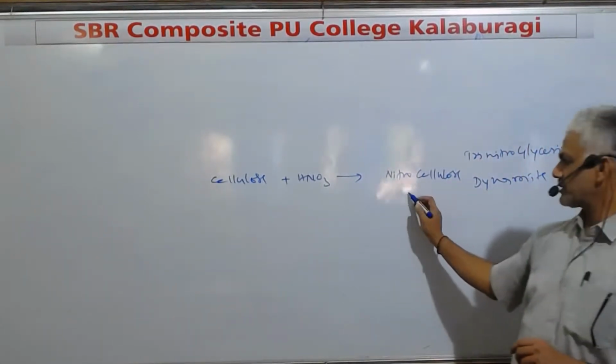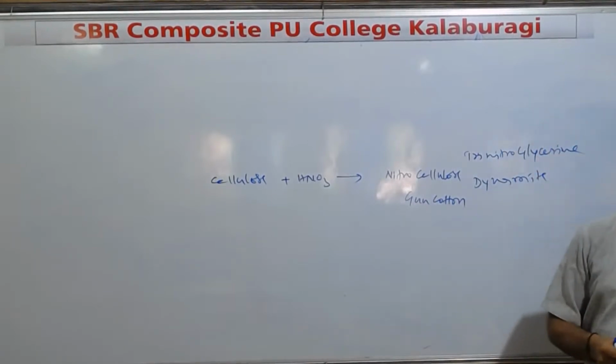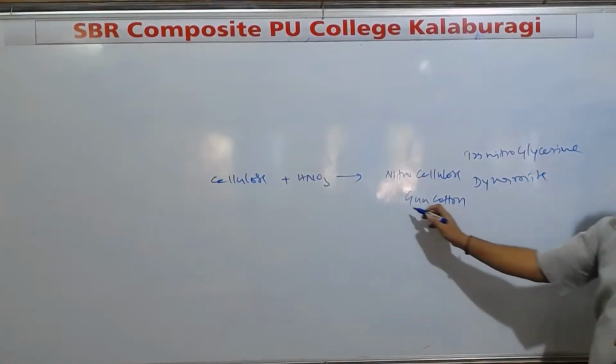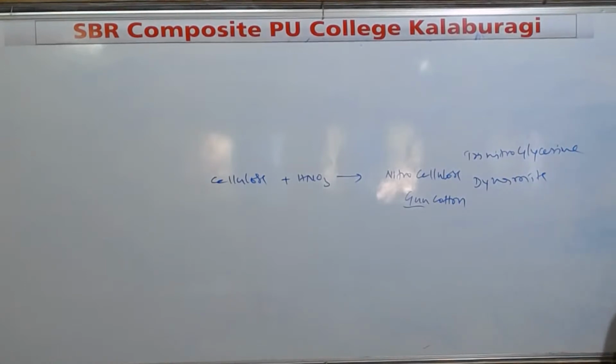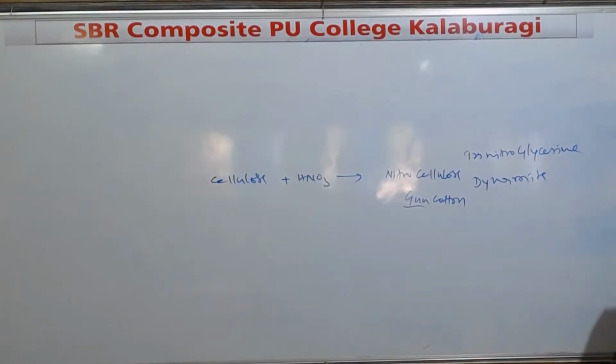This nitrocellulose is also known as what? Gunpowder. So again, as the name indicates, what is its use? Explosive. Now it is related to guns, but it is also used as an explosive, just like that.